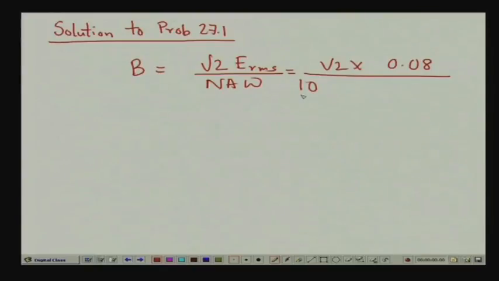The cross sectional area is 10 centimeter square, so it is to be converted into meter square, so 10 to the minus 4.